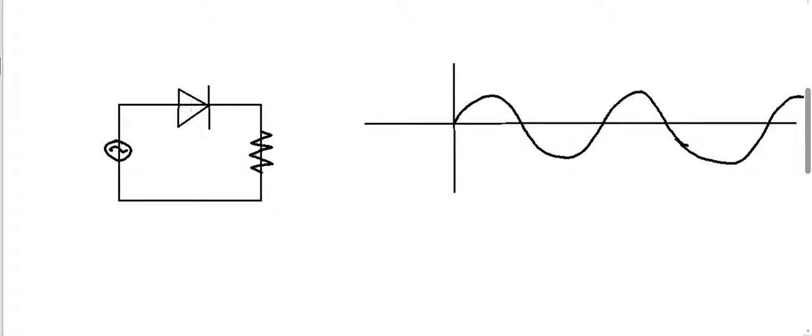Here is a representation of a diode. Diodes are represented in this way, and this triangle is the P side and this is the N side.